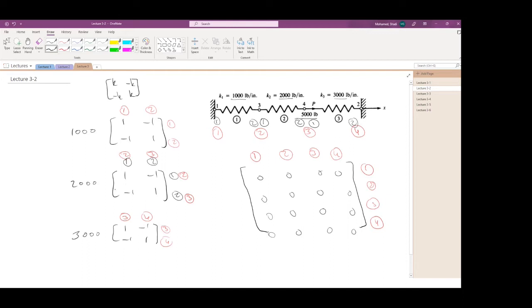I need to take one number as a common factor between all the 3 matrices. I can't take the 1000 as the common factor. I just delete this one and this one and write here 1000 and 1000. And instead of ones here, I would have 2.